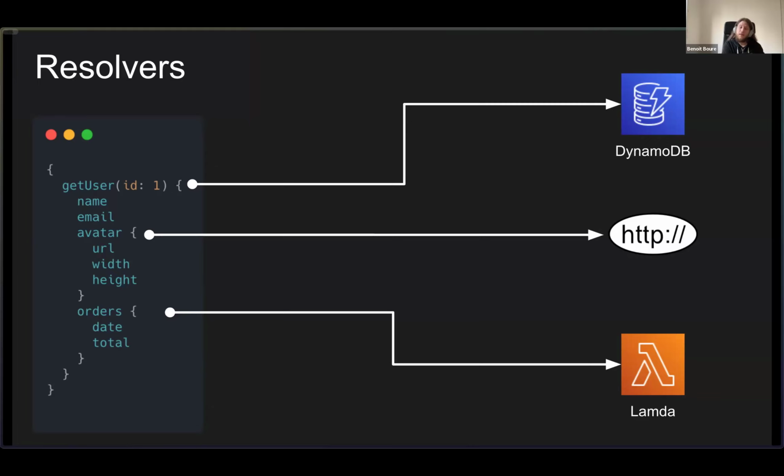And then the second thing that the resolver will do is get all that information, process it, and return it back to the requester, so to the client. So that's essentially what it is. A resolver acts as the glue between the schema, the API, and the data source, the backend of your databases.